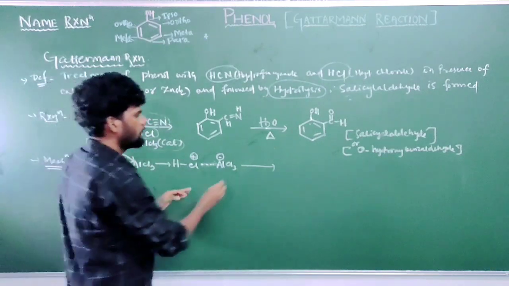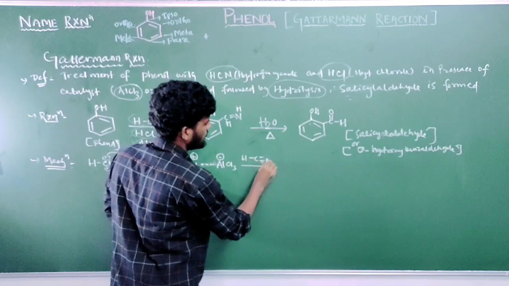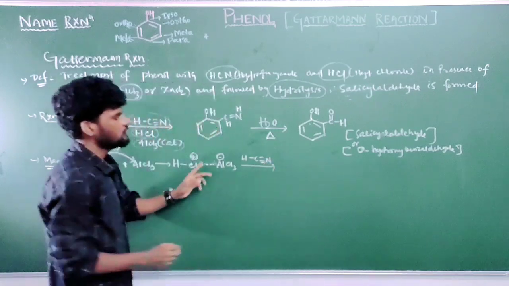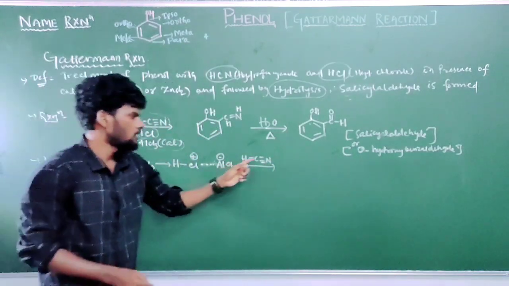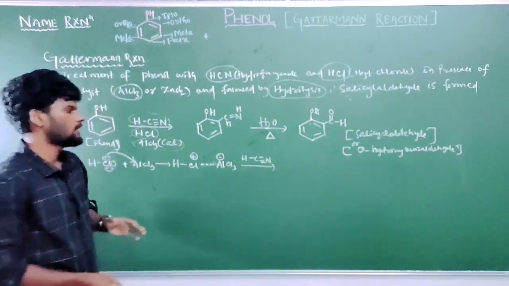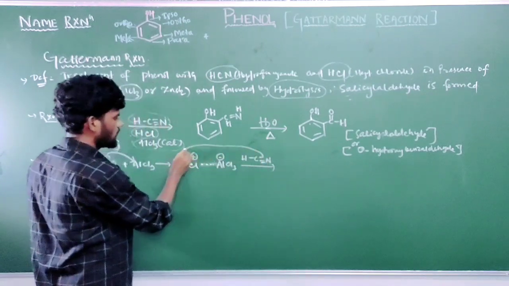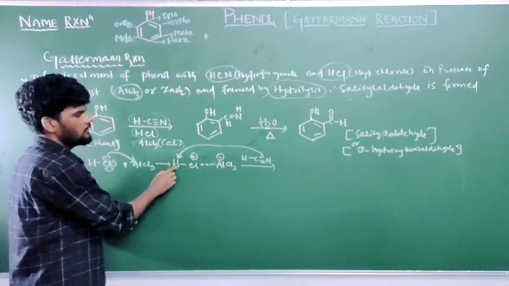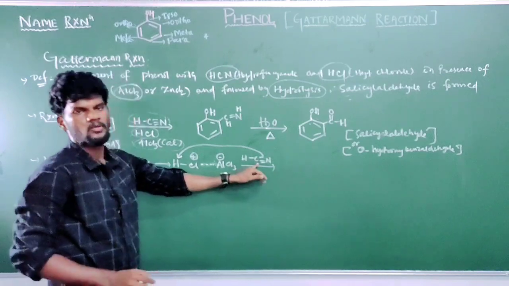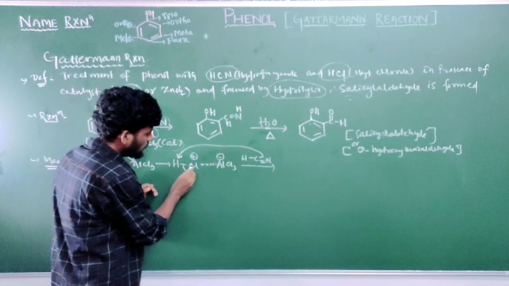Next we are using hydrogen cyanide. So hydrogen cyanide structure: H, single bond C, triple bond N. Here the triple bond also behaves as a nucleophile. One of the bonds takes the hydrogen. This hydrogen is taken by one of the bonds of C triple bond N. Then this bond moves over to chlorine.